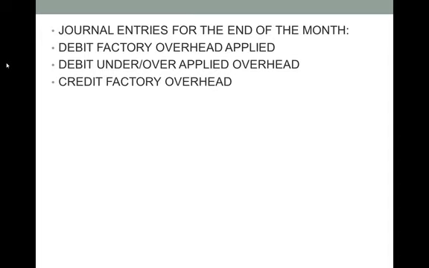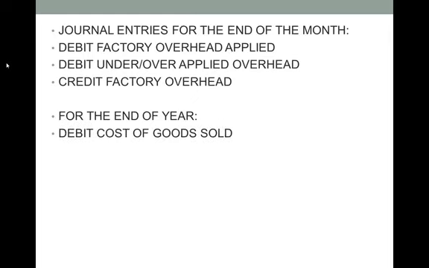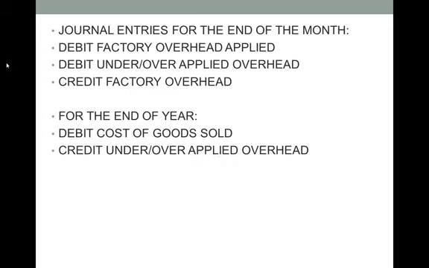Now, how about for the end of the year, how to journalize? Journal entry for the end of the year: debit cost of goods sold, credit under over applied overhead.